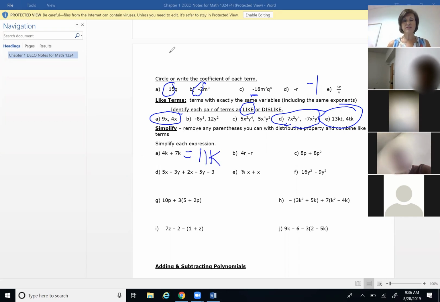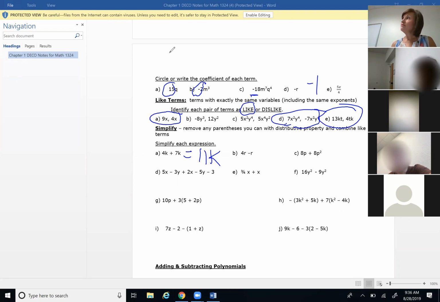They're like terms, so all I have to do is add up the coefficients. Think of it this way. I don't know what k is. One teacher that I work with explains it to people, maybe it's a dog. So you got 4 dogs plus 7 dogs. How many dogs do you have? 11. And that's why you're going to keep that variable just like it is. It doesn't change. You're just adding up how many of them are there.